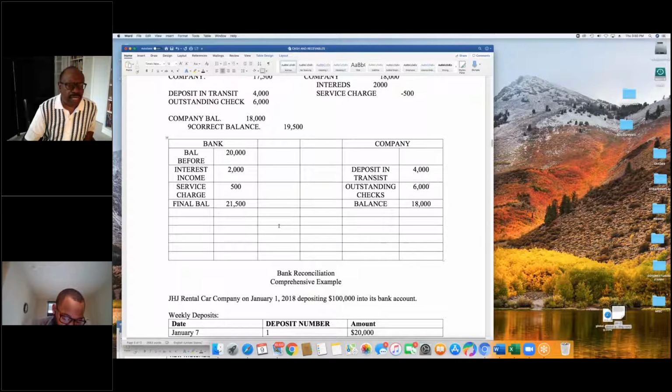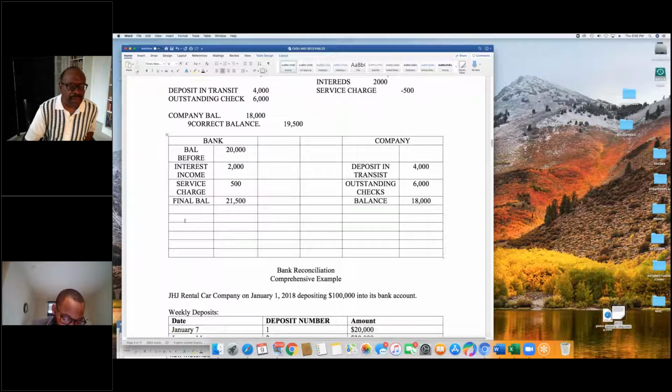Okay, so when we get ready to do a reconciliation, the bank says it has a balance of 21,500, okay? But the bank has to pick up these items to get to the correct balance. So the bank starts off with its final balance, which it said was 21,500.